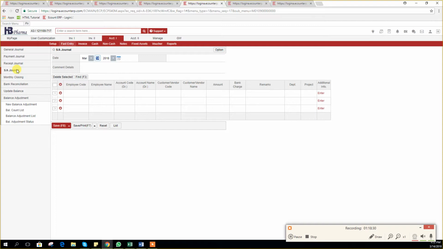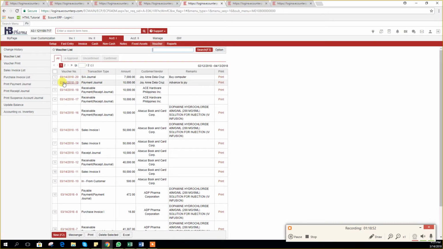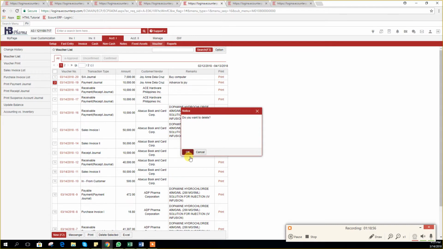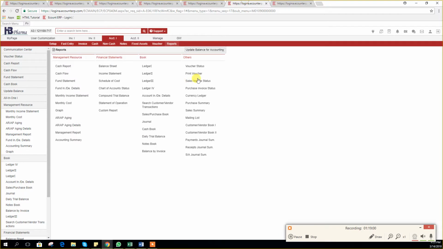So what if the company doesn't pay Joy 10,000, and Joy goes and buys the computer herself with her own money? Can that work? Now, if let's say I delete this payment journal here, what will be inside my fund statement?